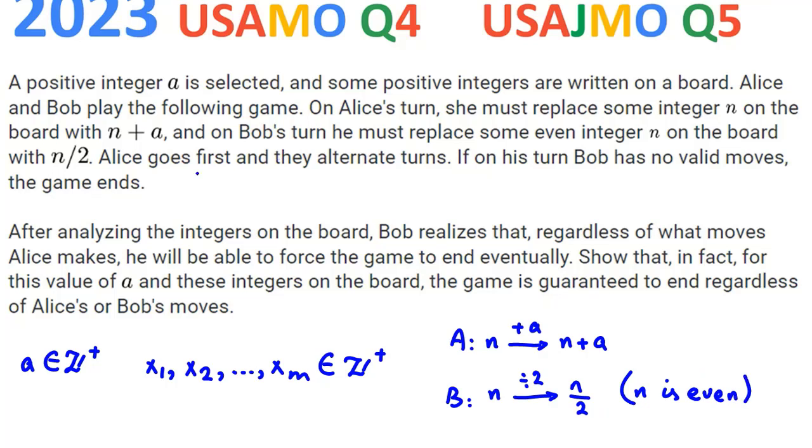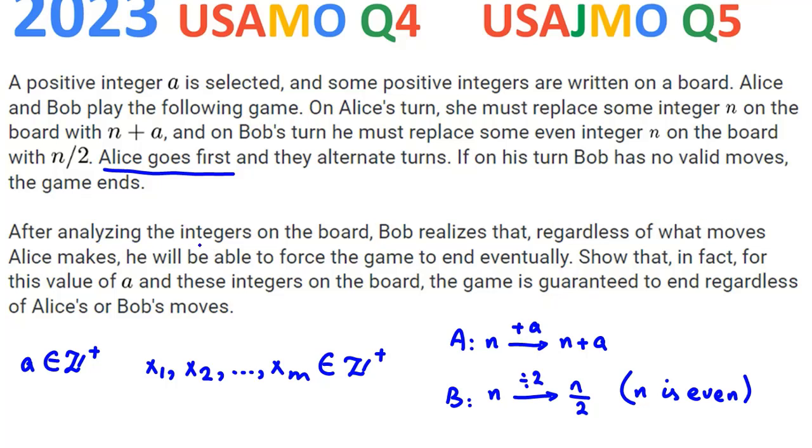Okay, Alice goes first. It is important who plays first, and then they alternate turns. If on his turn Bob has no valid moves, the game ends. It means what? It means all numbers are odd. Then Bob cannot play.